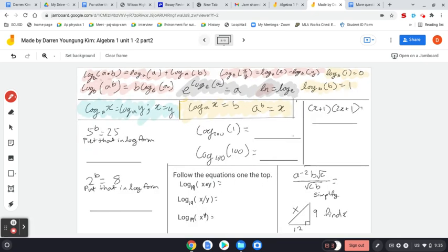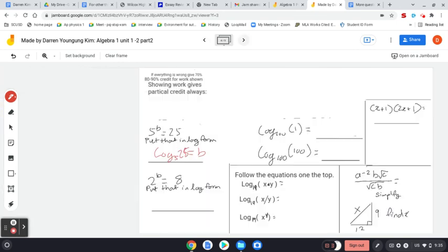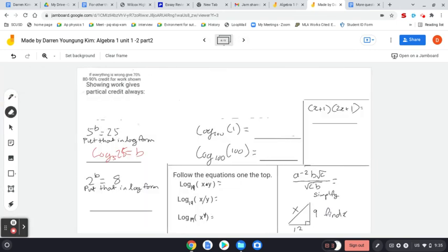I hope I did that correct. I hope that makes sense. Let me just make sure that that was correct. Yeah, that's correct. So this is log, and then we'll just do b over here.